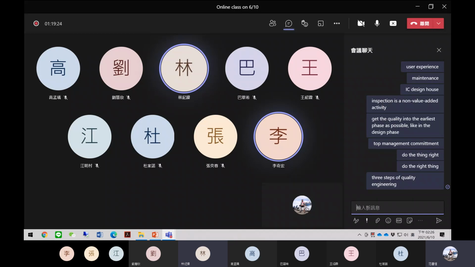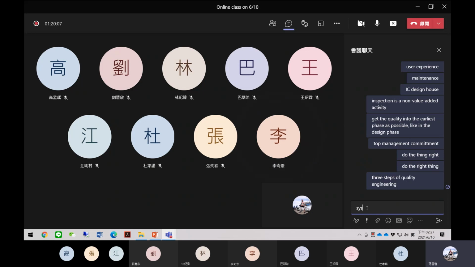The first one should be the system design, followed by robust parameter design, and the last one is tolerance design.